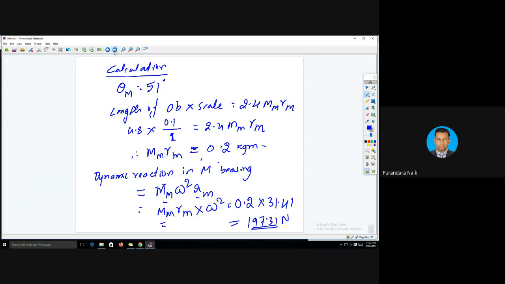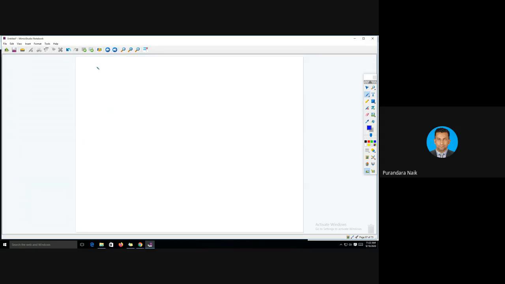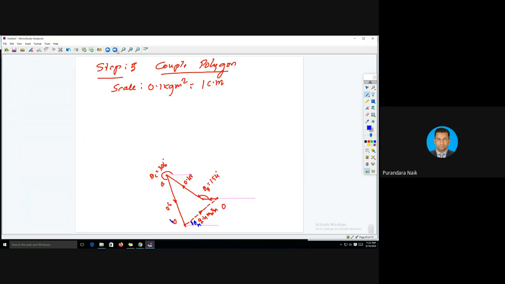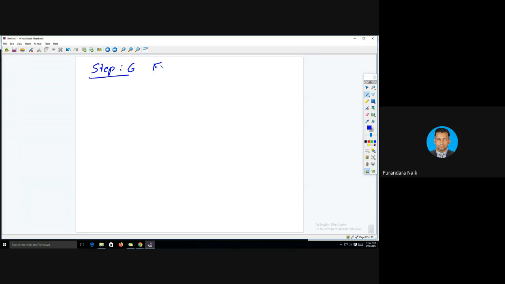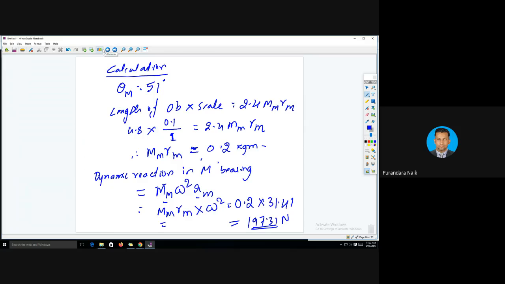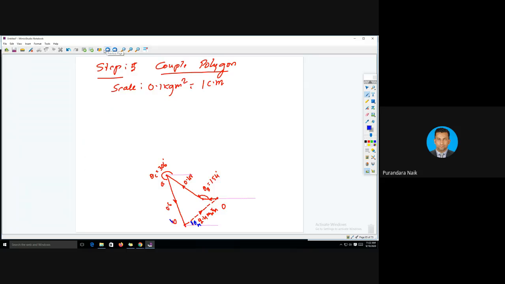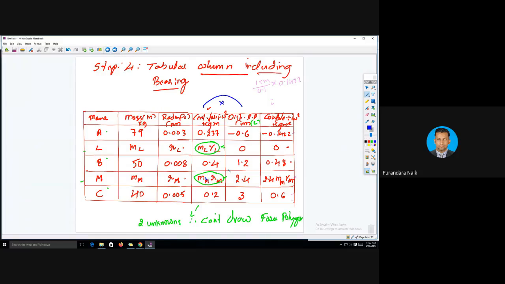Similarly, the next one is step 6, force polygon. There you can find out the reaction at L. Because we know the value of mmrm, that is 0.2, now we can find out the value of mlrl by drawing the force polygon.